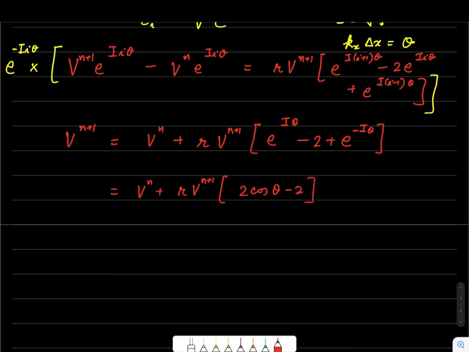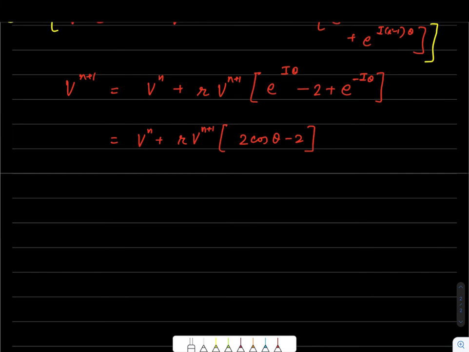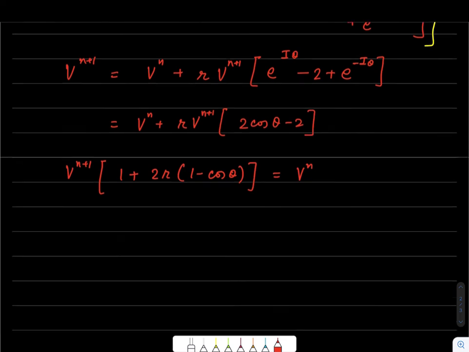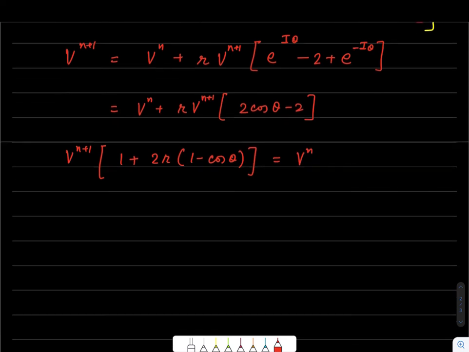And now let me take this part to the left hand side. So what we'll get is V n plus 1, which will be a common factor, times (1 plus 2r (1 minus cosine theta)) equal to V n. Now 1 minus cosine theta can be written as 2 sine square theta by 2.